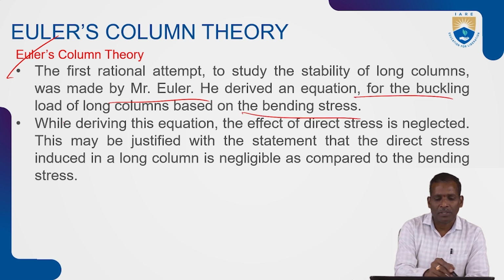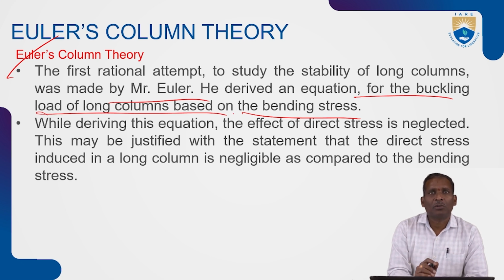Already we have discussed the buckling load of long columns and bending stress. Normally the column is subjected to compressive stress. Whenever the compressive stress exceeds the ultimate stress, the column will fail due to this compressive load.